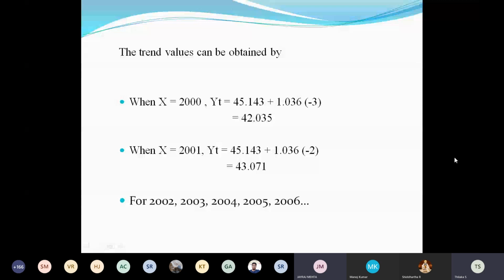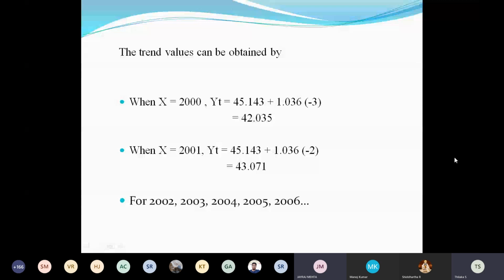So for the year 2000, in the place of capital X, you have to substitute the time period assigned for the year 2000, that's -3. So 45.14 plus 1.03 into -3 gives 42.035. Is it clear, guys? So for the year 2000, the trend value we calculated is 42.03.